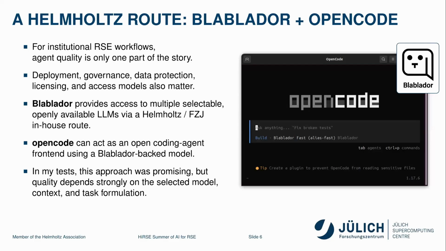So this provides access to multiple selectable, openly available large language models via our in-house route. Then OpenCode can act as an open coding agent front end, which will use a BlaBlaDoor backed model. So in my tests, this approach was very promising, but quality depends strongly on the selected model, the context, and the task formulation.